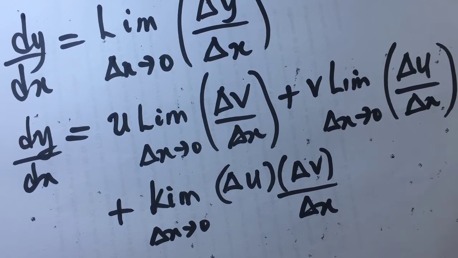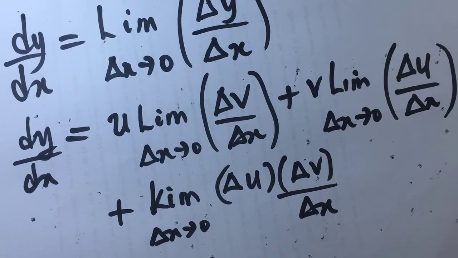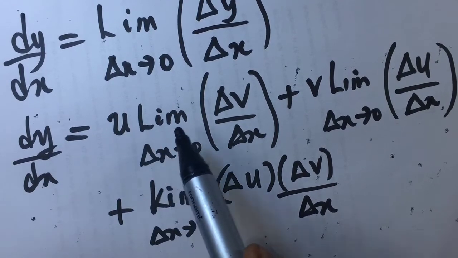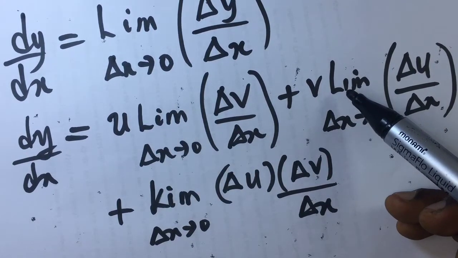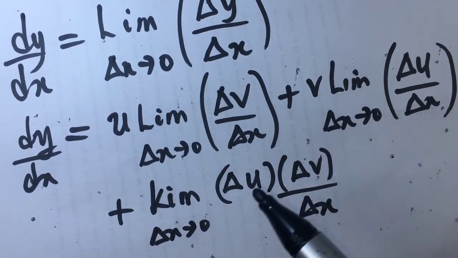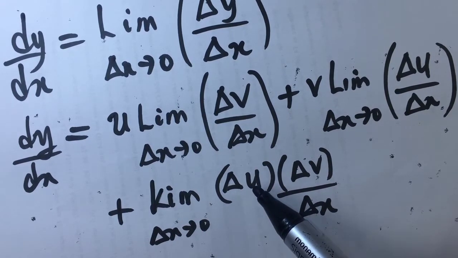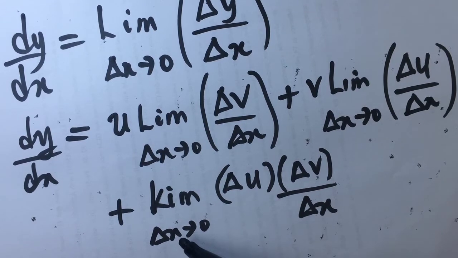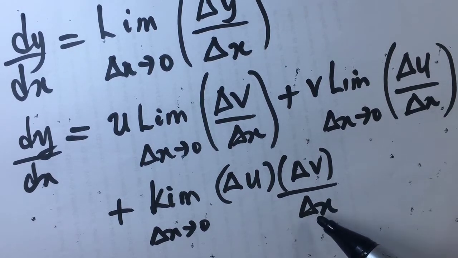So as change in x tends to 0, change in u also tends to 0, and so does change in v. So u came out because it is seen as a constant by this limit, v came out because it is seen as a constant by this limit. But change in u can't come out because it is not a constant relative to the limit being taken. Change in v all over change in x is now to be addressed.